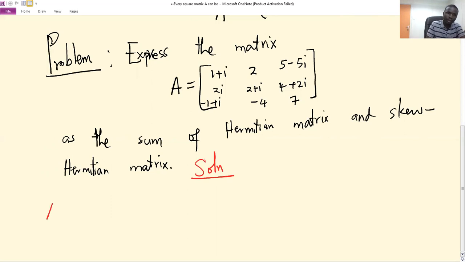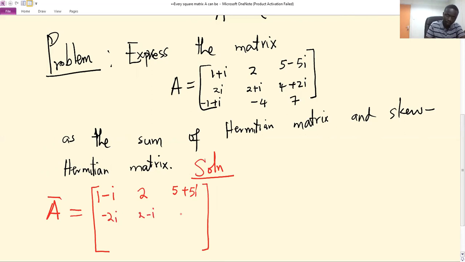So A conjugate will be given by 1 minus i, 2, 5 plus 5i, minus 2i, 2 minus i, 4 minus 2i, minus 1 minus i, minus 4, and 7.